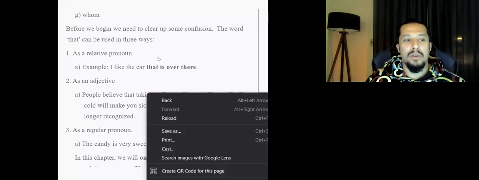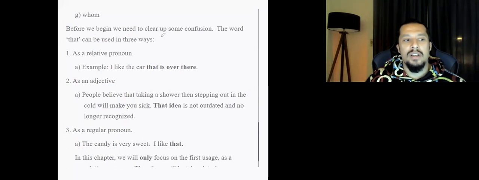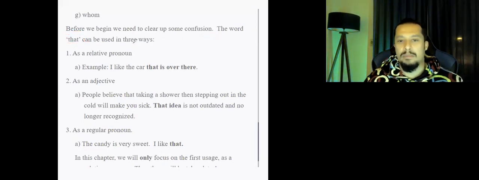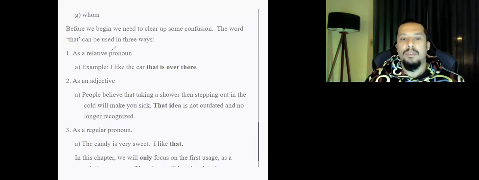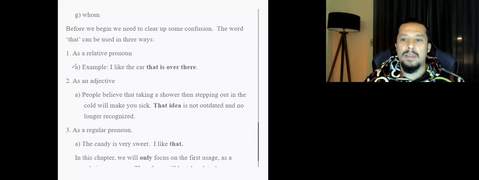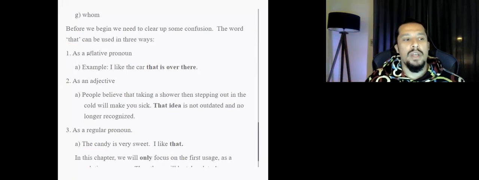So before we begin, I want to clear some confusion. The word that can appear in 3 ways. So again we must not just memorize. We need to be flexible. Language is flexible. Language needs someone who actually gives and takes with the language. Right? So here it can come as a pronoun, right?